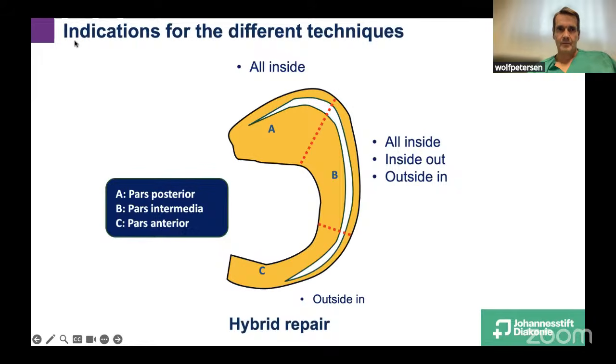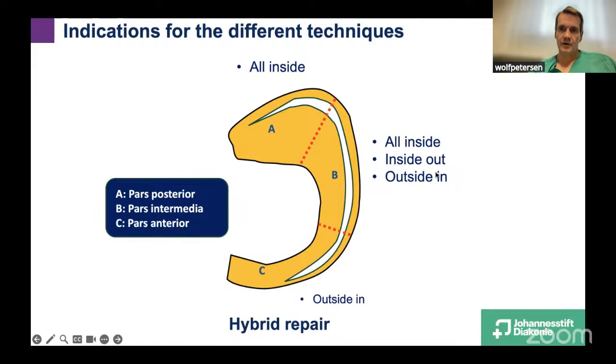In most cases, you need more than one repair technique. For example, these all-inside implants for the posterior part of the meniscus to reduce the risk of neurovascular damage. But in the intermediate part, you can use all three, all-inside, inside-out, and outside-in techniques, very well.